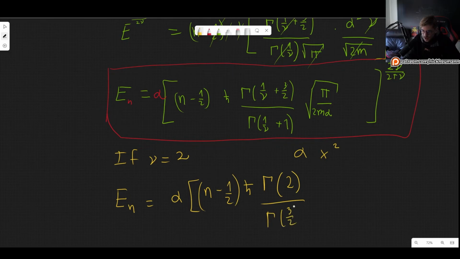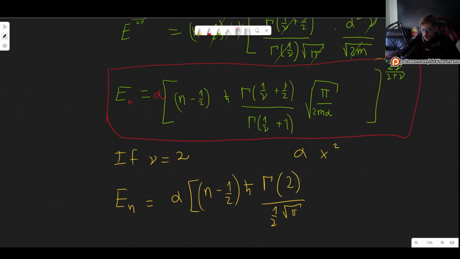But we already know what gamma of 3/2 is. This thing is 1/2 gamma of 1/2, which is square root of pi. All right, so this thing here is 1/2 times the square root of pi.